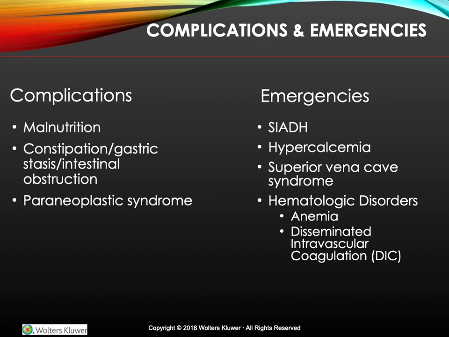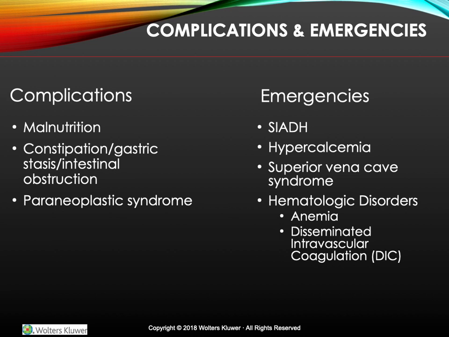So, now let's talk about complications and emergencies that can occur with the diagnosis of cancer or during cancer treatments. Let's start off with complications. Nutrition is a complication, and that can be the result of therapies, and it can be in the form of lack of appetite, nausea, vomiting, and even effort.